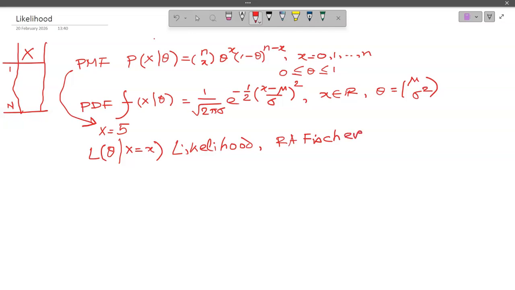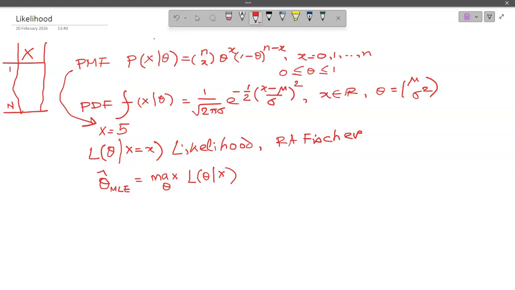He talks about the MLE. So this is the use of likelihood. Theta hat MLE is the maximizer over theta of the likelihood L theta given x.